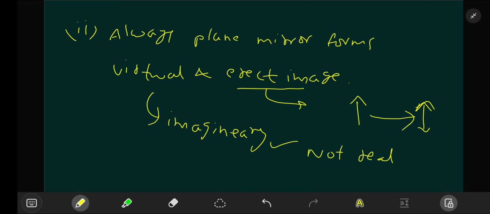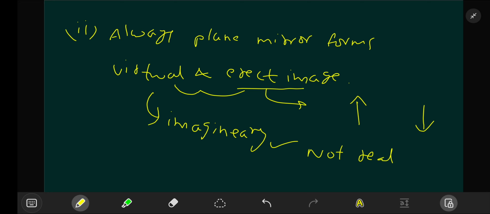When we look in a concave mirror, this will change. An inverted image will appear in the concave mirror. That's why this point is to be noted: there is an exception in the case of concave mirrors, which show inverted images.